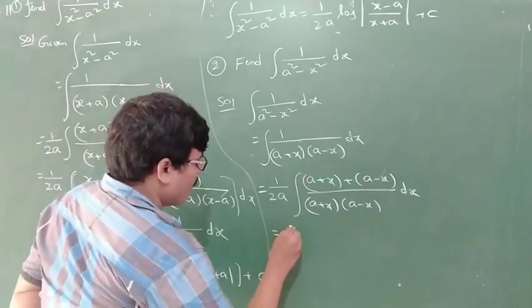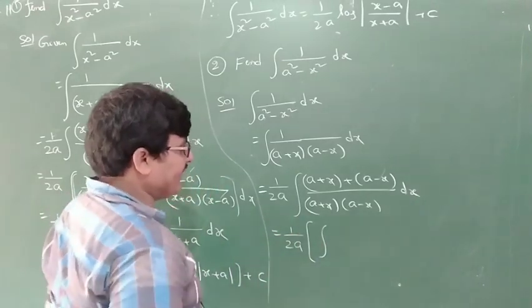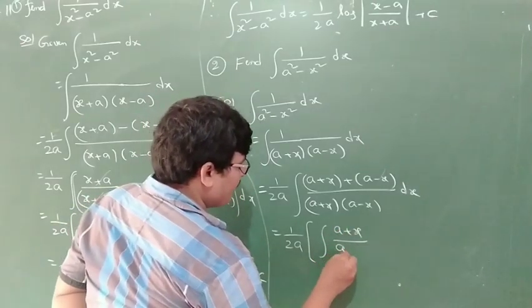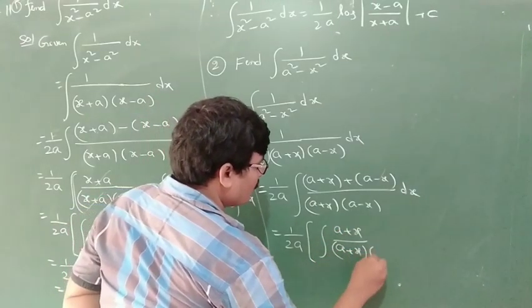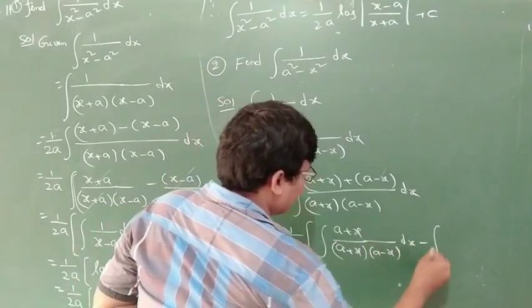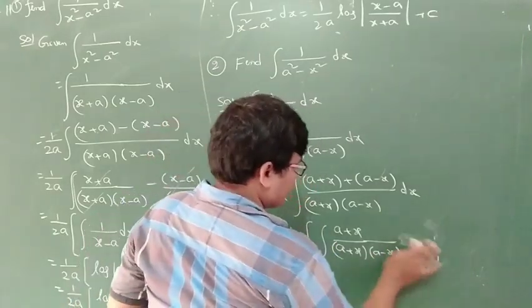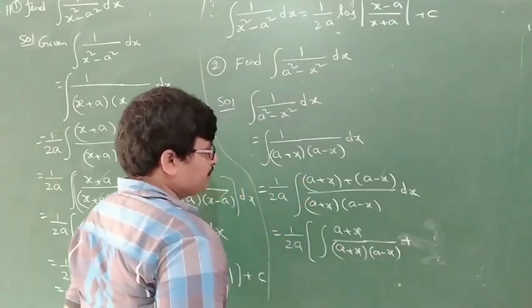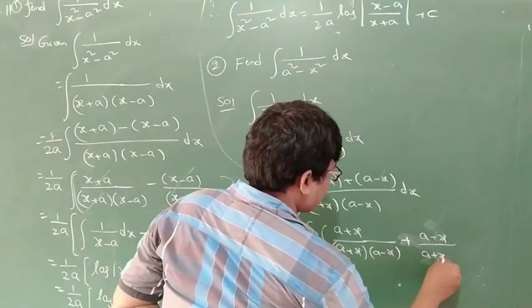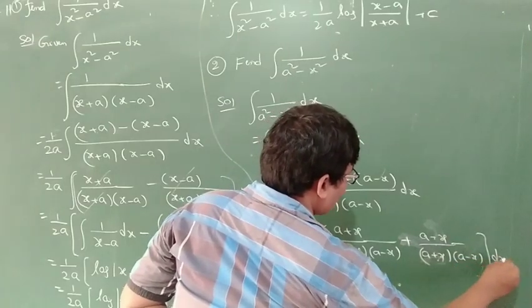So 1 by 2a into integral, divide a plus x by a plus x into a minus x dx, plus a minus x by a plus x into a minus x dx.